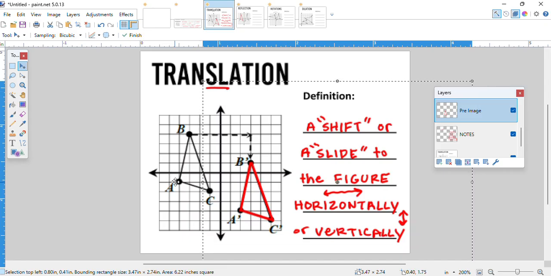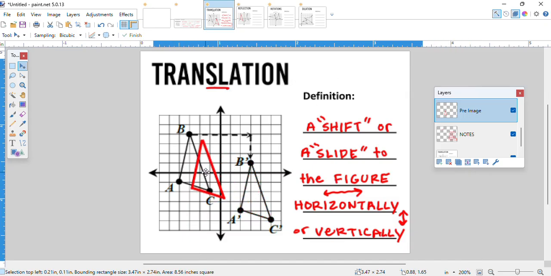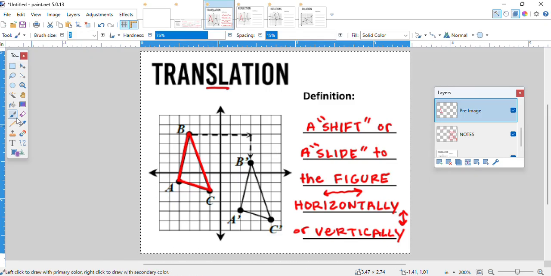I have moved triangle BAC, the original image, the pre-image, and it now is B'A'C'. You'll notice we didn't change the angles. We didn't change the overall size. All my sides are still the same. All we did was change position. So this is what we call a rigid transformation.